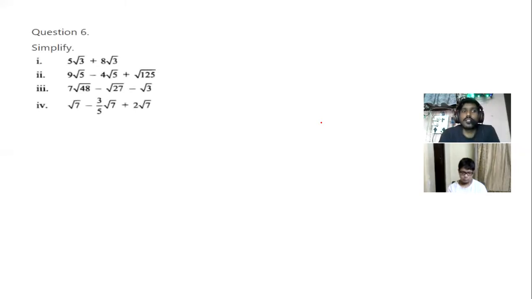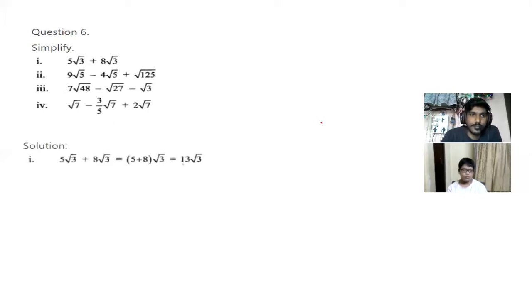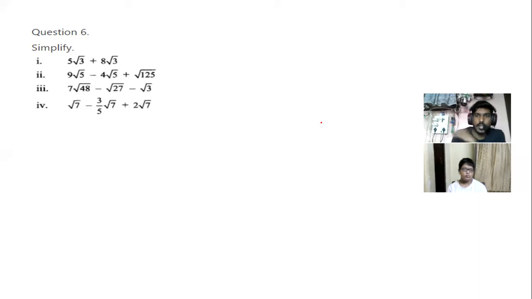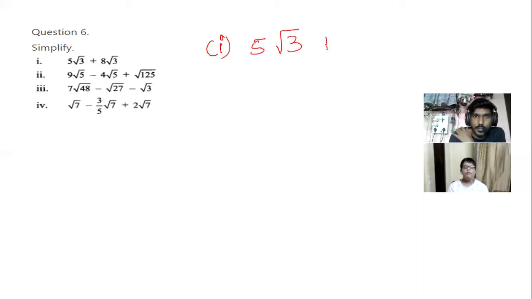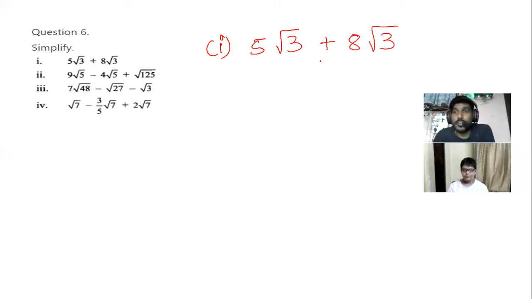Okay, next is question number 6, and that is simplify. In the simplify, first see the first sum. First sum is 5 root 3 plus 8 root 3. Now, whenever you are adding or subtracting two surds, the radicand has to be the same.